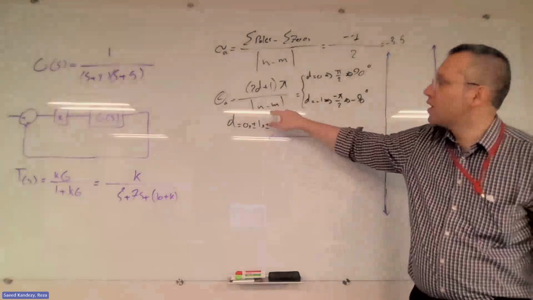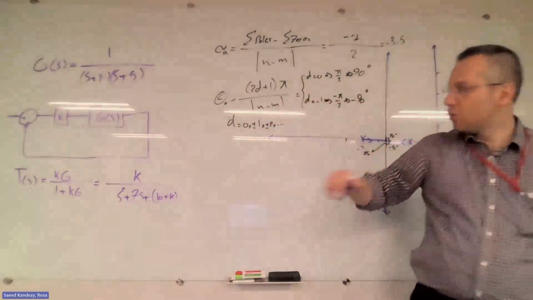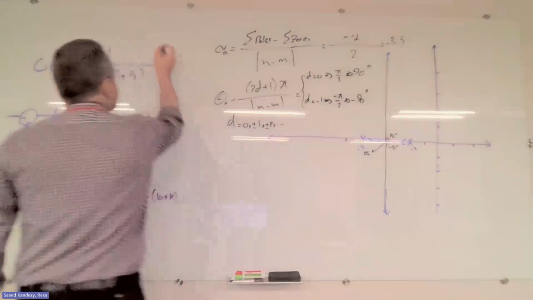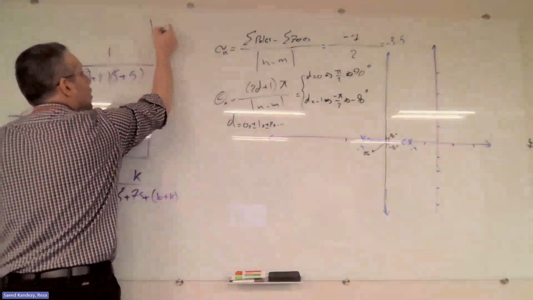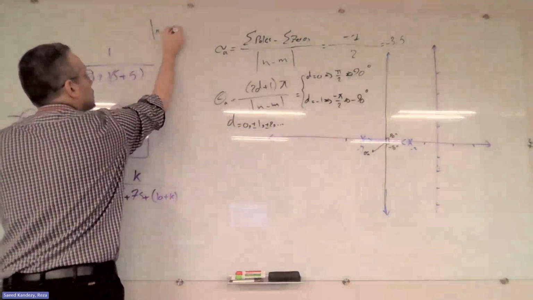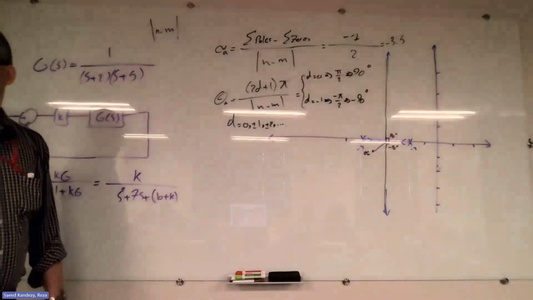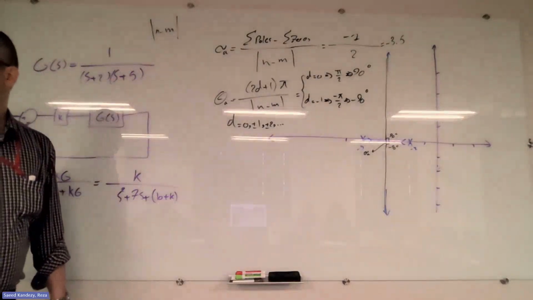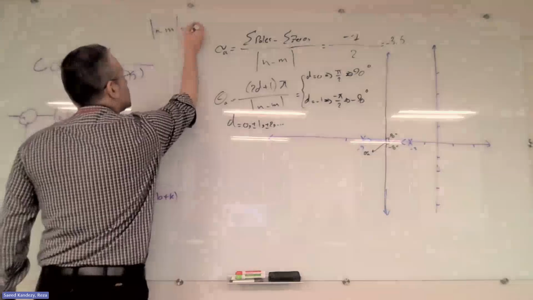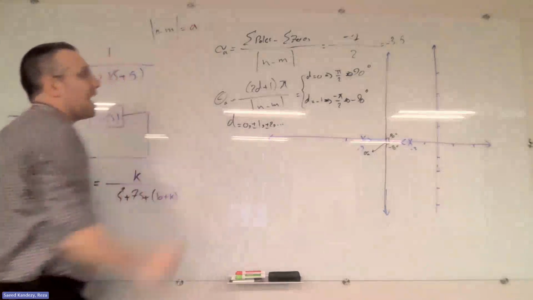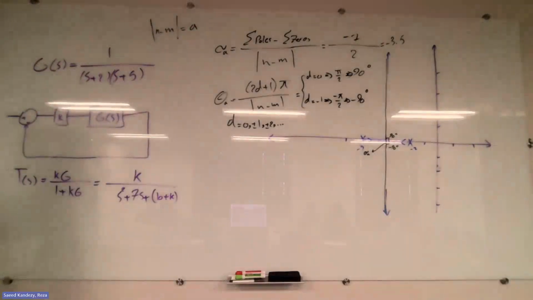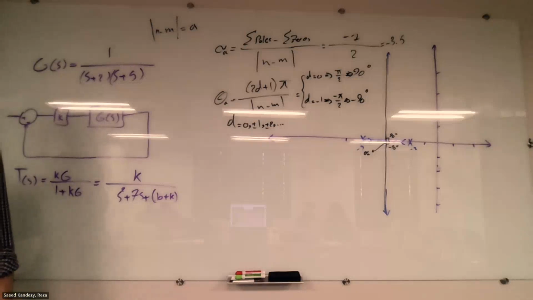So if n minus m is equal to a, let's say it's a general case. The number of the poles minus the number of the zeros, I put the absolute value because it doesn't matter which one is bigger. If this is a, that means we need a number of lines, which means we need a number of thetas.